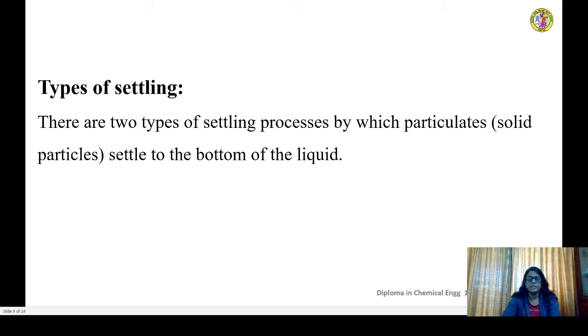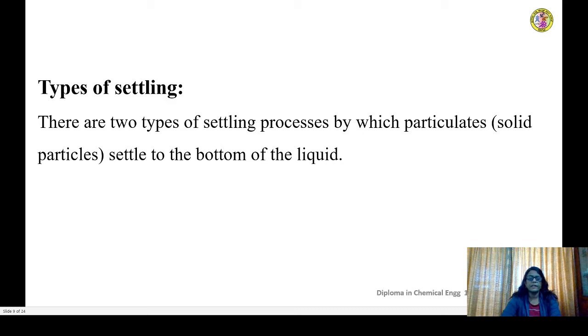So let us now see what are the different mechanisms by which the particles settle to the bottom in a sedimentation operation. Whenever the particles settle in a liquid, it is influenced by various factors. The settling process will be under the influence of these factors.